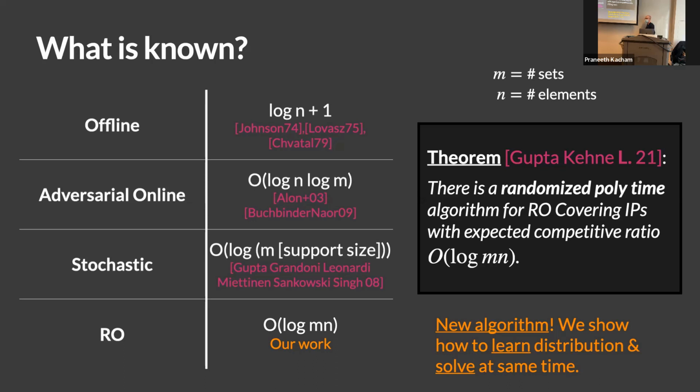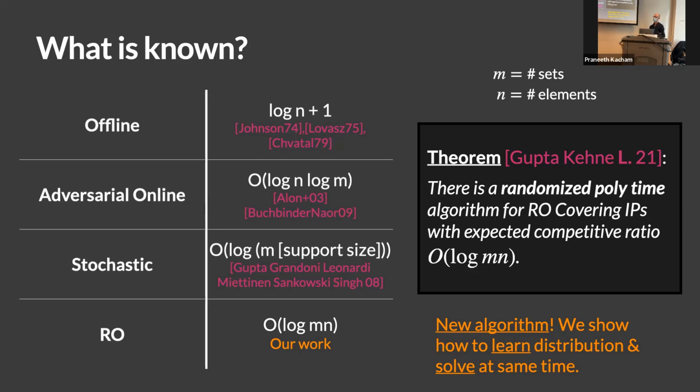Okay. Any more questions? There's nothing about the sets when you see them. You don't have statistics like this number of sets that have this number of items, or that this item, you don't know its identity, but it appears in some number of sets. You don't have anything. To me it was very amazing that you can do anything in the adversarial setting.